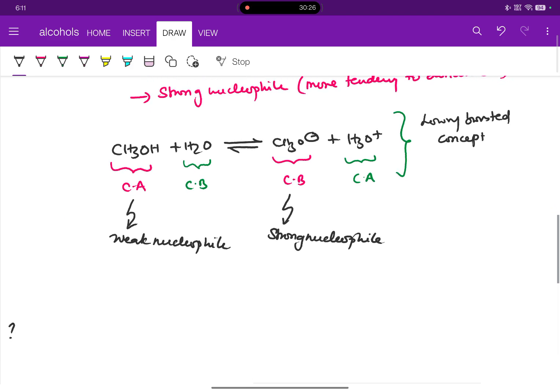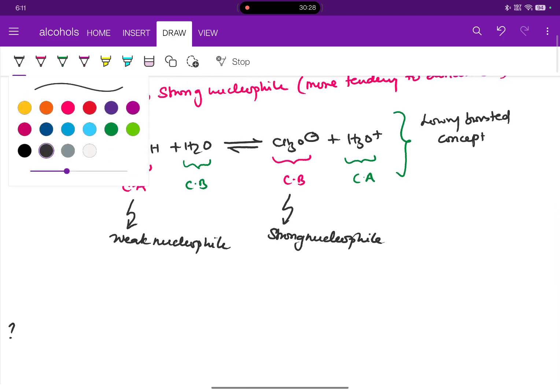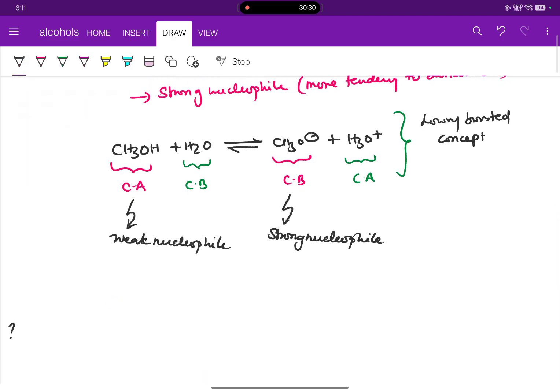Why is it like that? Very simple reason. The electrons are free here, unlike the electrons of the oxygen in methanol. Where an electron is already sitting nicely in the place of a proton, the electron is more available compared to these two.